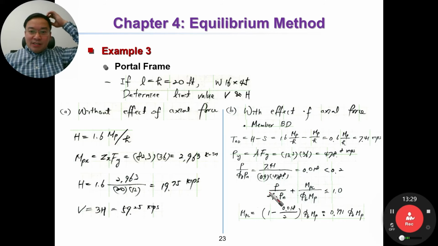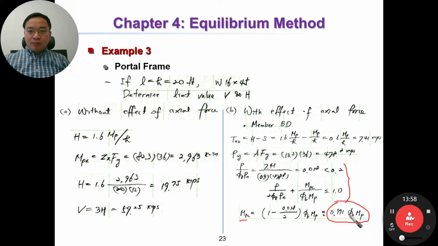So by using this equation, as I mentioned, we consider also the effect of the stability condition. That's why we have this equation. So using this equation, we have Mpc equal to this one.